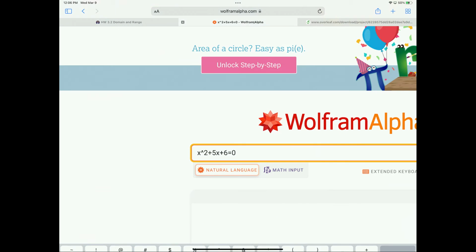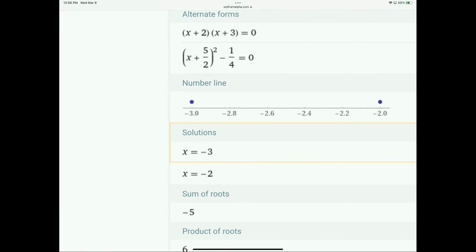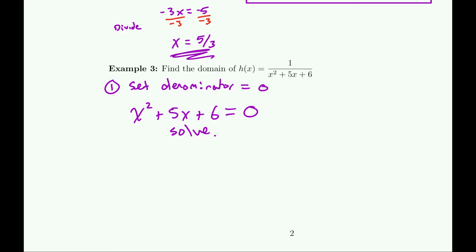That's the equation. And we get solutions: x equals negative 3, x equals negative 2. You can just do that right here, write x equals negative 3, x equals negative 2, and then move on. That's perfectly okay to do on your homework.